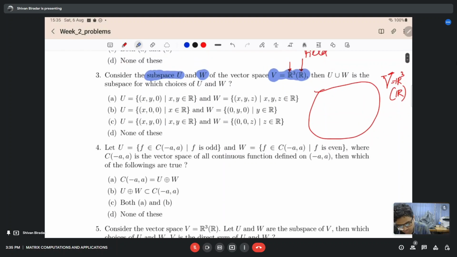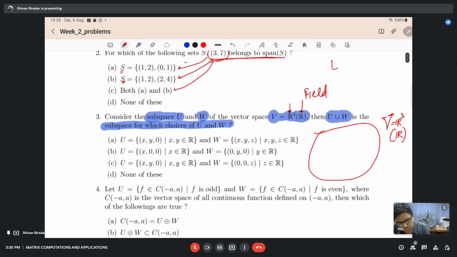Now the question is, the union of two subspaces, U union W, is a subspace for which choice of U and W? Remember a very important point: U intersection W is always a subspace if U and W are subspaces. But what about U union W?